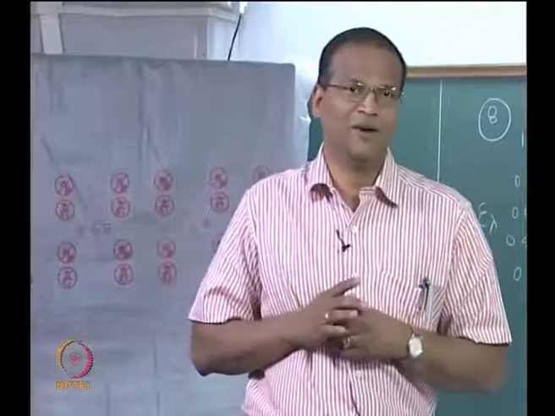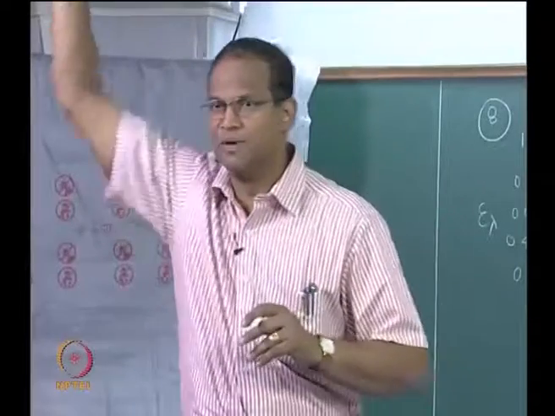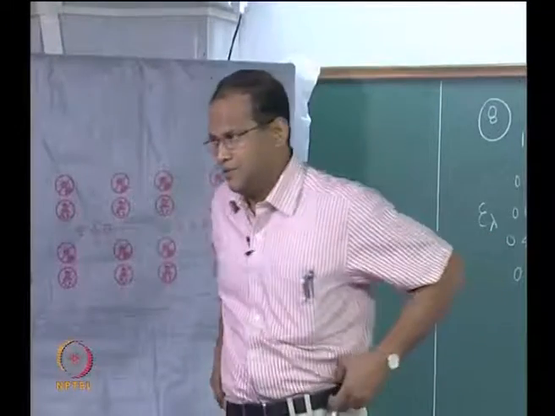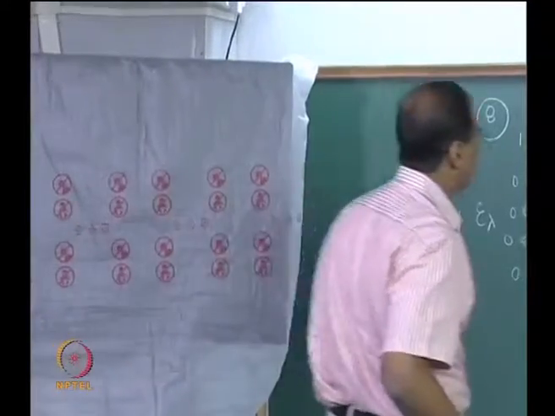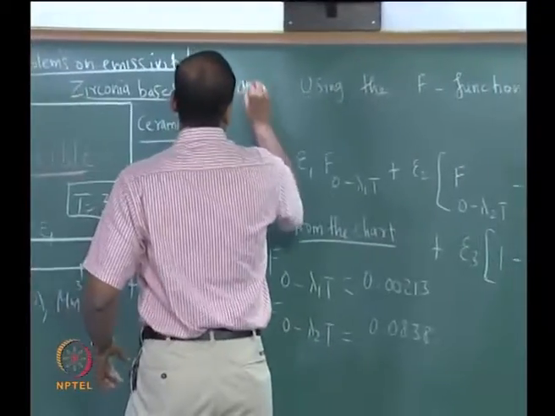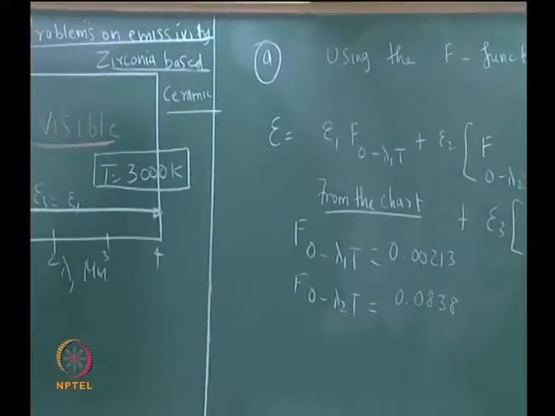Thinking that you are smart, it does not work, because the epsilon must be multiplied by the f, right, because sigma T to the power of 4 is there. So part A is over. The hemispherical total emissivity of zirconia is 0.249.